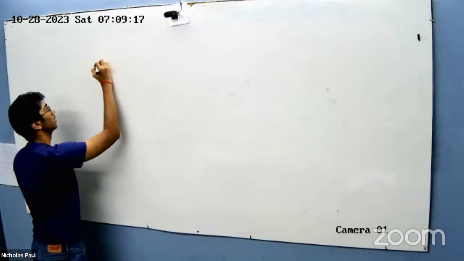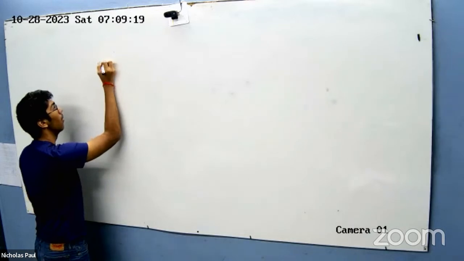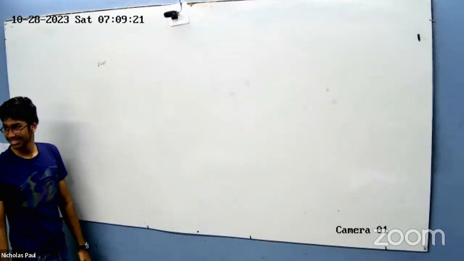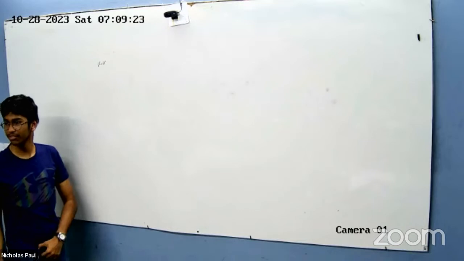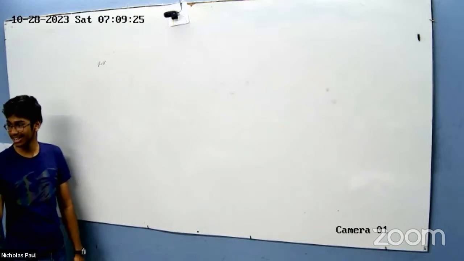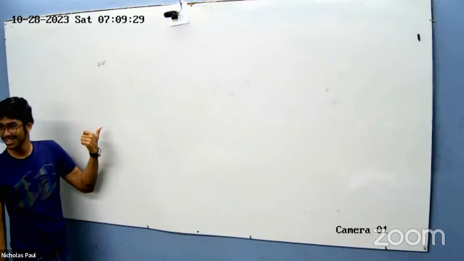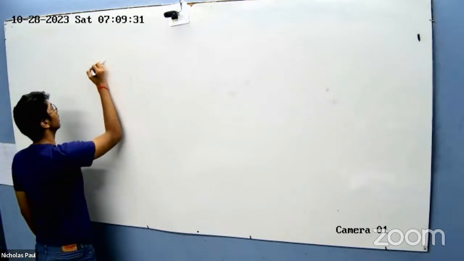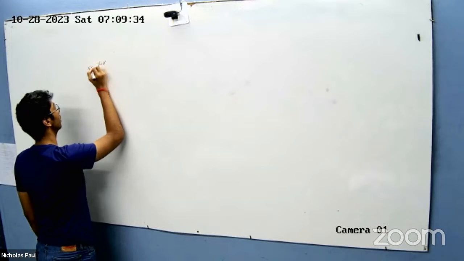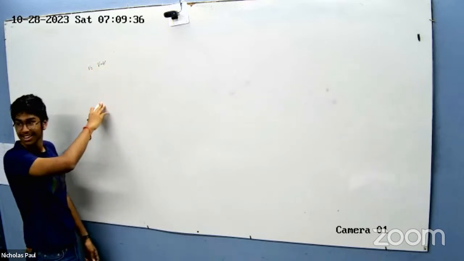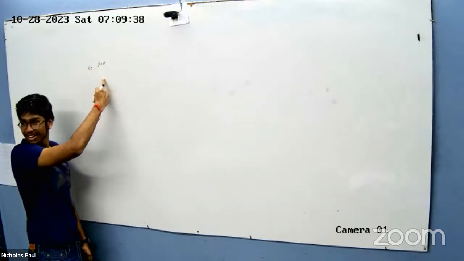Write the equations of motion here. How many? It's four. Four. Am I going correct?